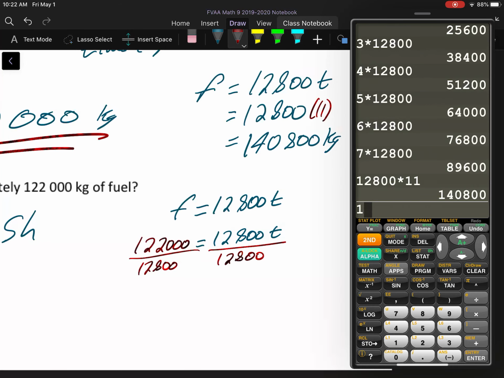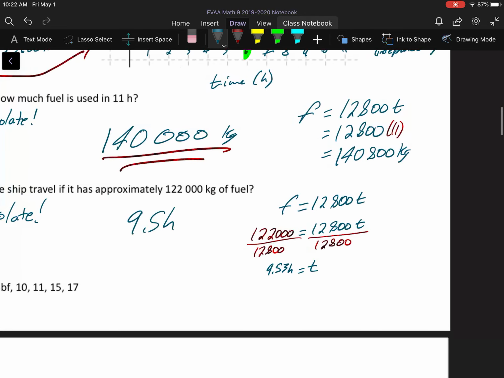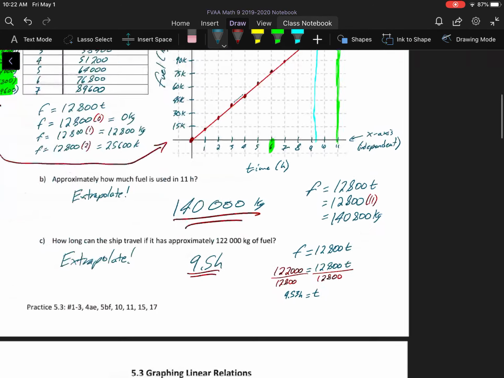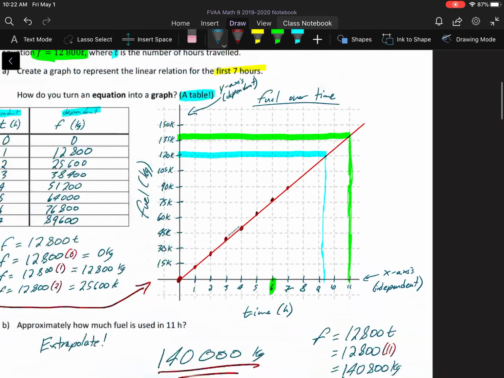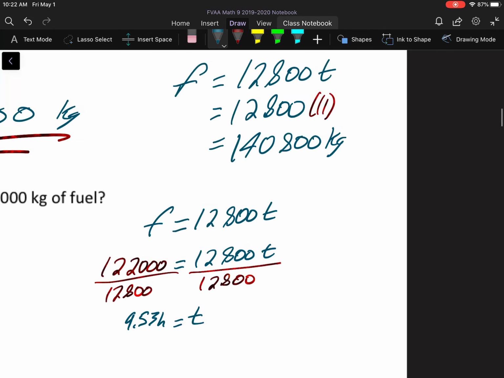And I get an answer of 9.5. Time is equal to 9.5. I can maybe add one more digit of precision, 9.53 hours. So again, my approximations are pretty good, I'd say, based on the extrapolation on the graph, compared to the exact answers given from the formula.